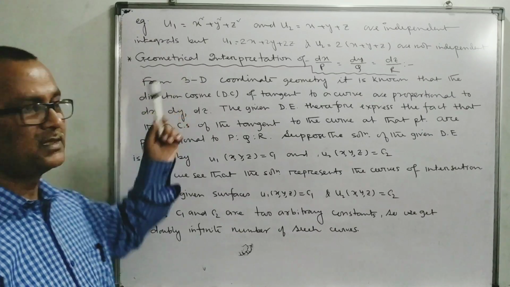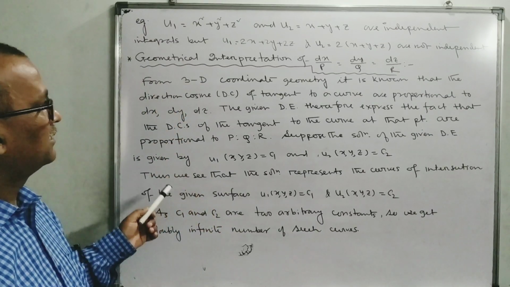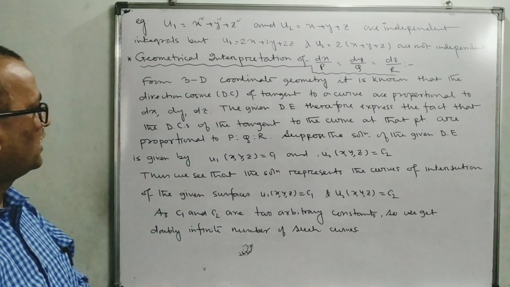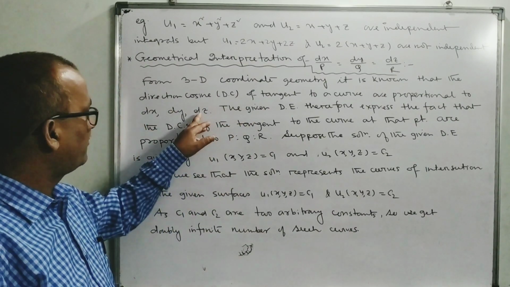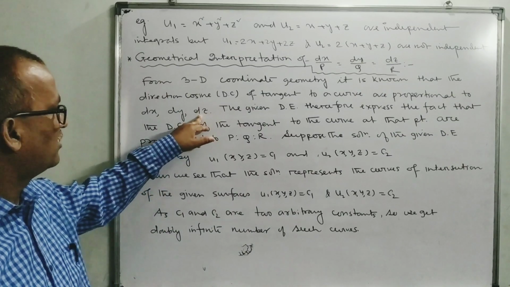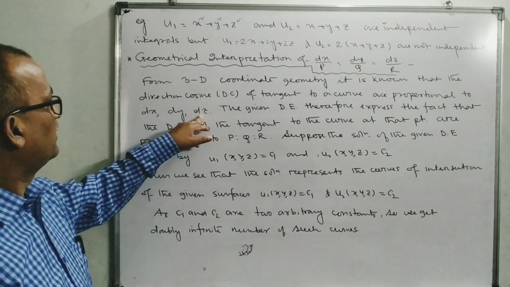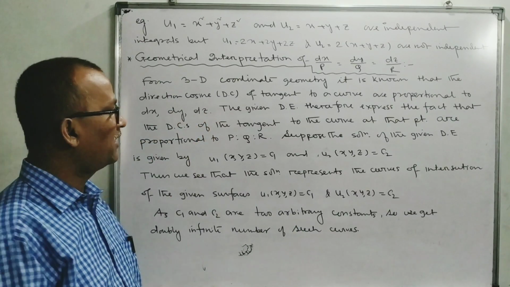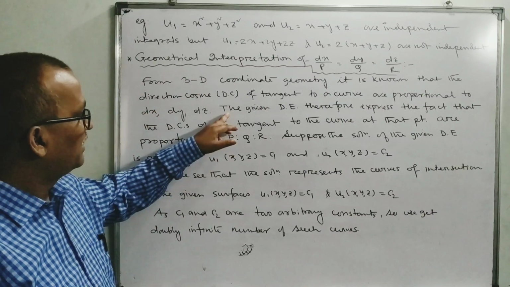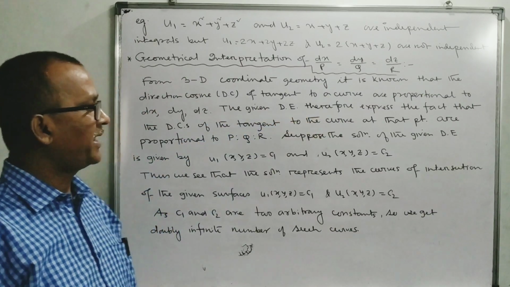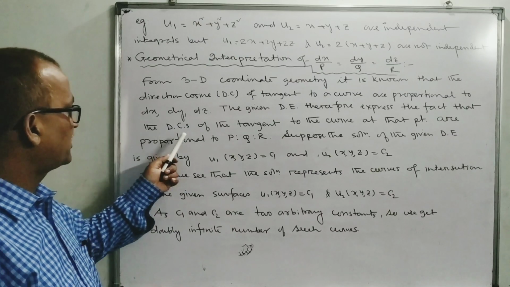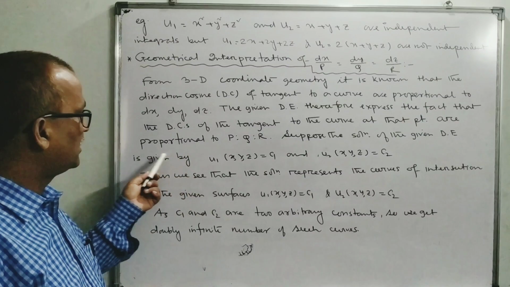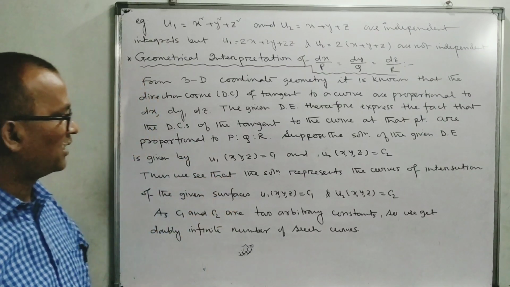From three-dimensional coordinate geometry, we know that the direction cosines of the tangent to a curve are proportional to dx, dy, dz. The given differential equation therefore expresses the fact that the direction cosines of the tangent to the curve at the point are proportional to p is to q is to r.